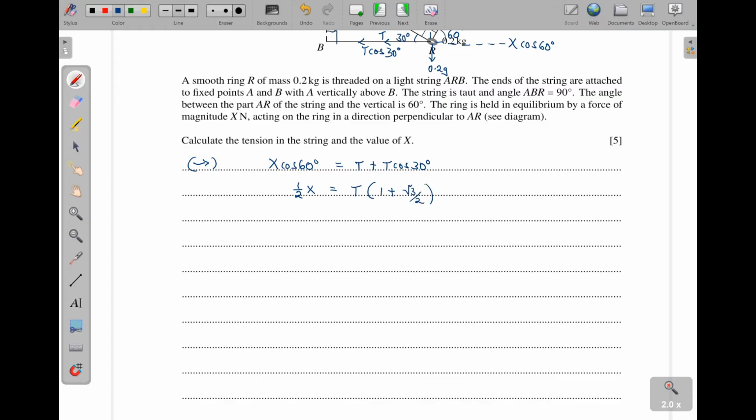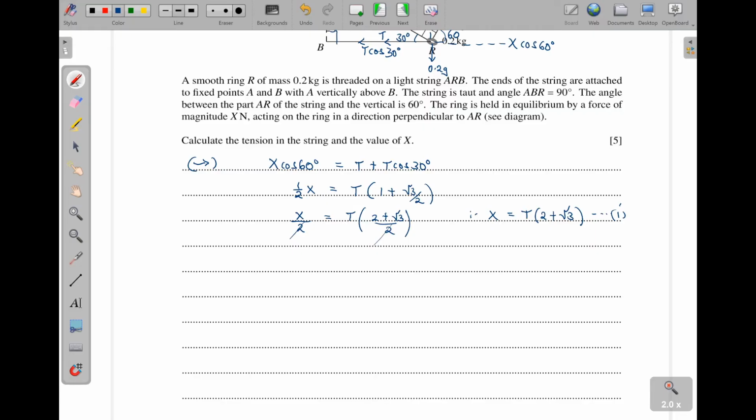All right, then I can write this as x over 2 equal to t times (2 plus root 3 over 2), such that I kill this 2 on both sides when I multiply all through by 2. So this will mean that my x is equal to t into (2 plus root 3). I can keep this as my equation 1.